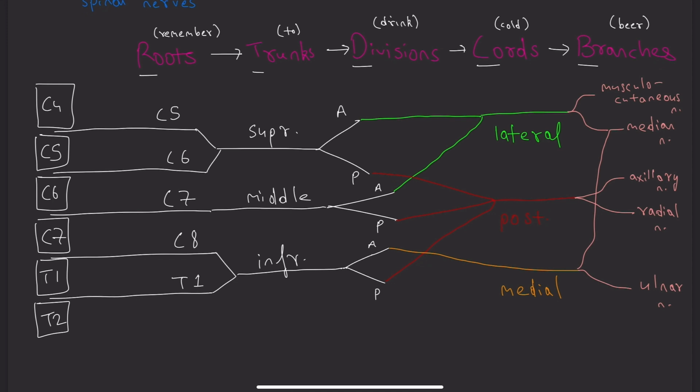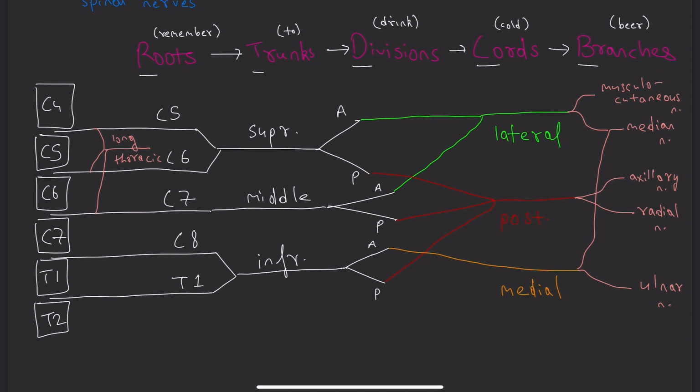Now we'll also talk about the other branches of the brachial plexus. So firstly, I want you to know that there will be one branch from C5, one branch from C6 and one branch from C7, which will combine to form a nerve called the long thoracic nerve, and this nerve will innervate the serratus anterior muscle.